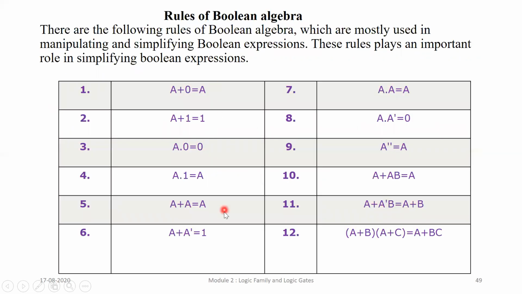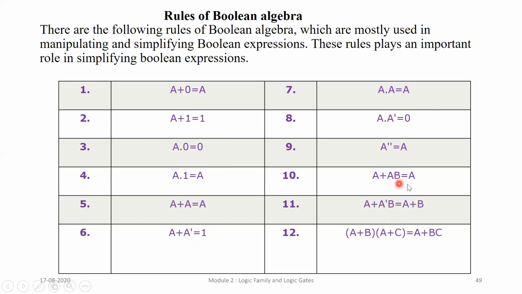Now this we had also seen, so let us revise once again. So a plus 0 is a. Okay, so this is the table. Is it already written last time? Yes, ma'am. Okay, so just a revision. a plus 0 is a, a plus 1 is 1, a into 0 is 0, a into 1 is a, a plus a is a, a plus a complement is 1, a into a is a, a into a dash is 0, and the complement of a complement is a.